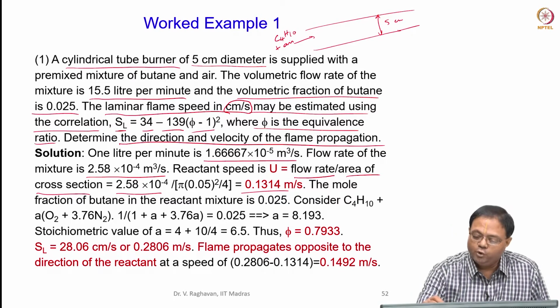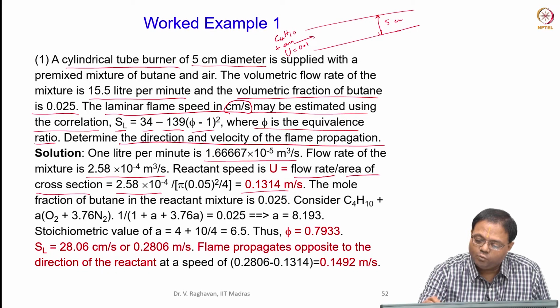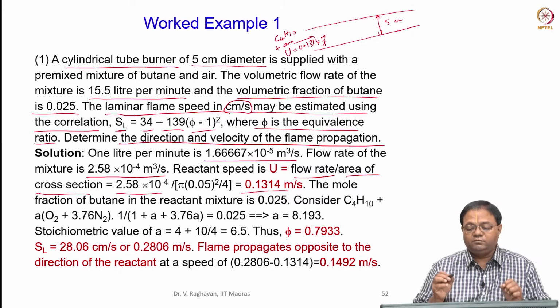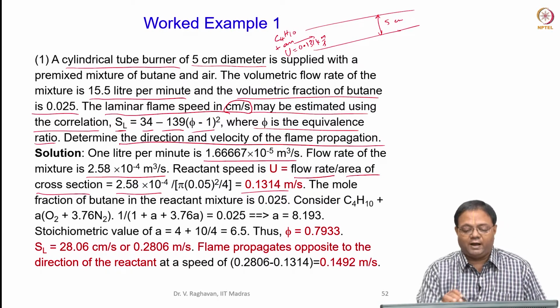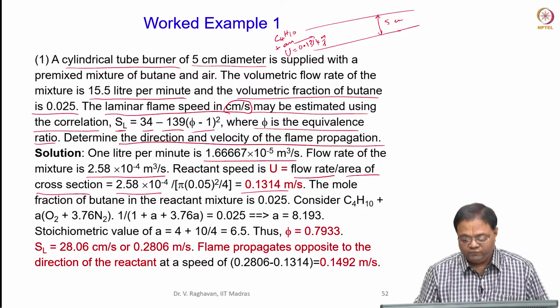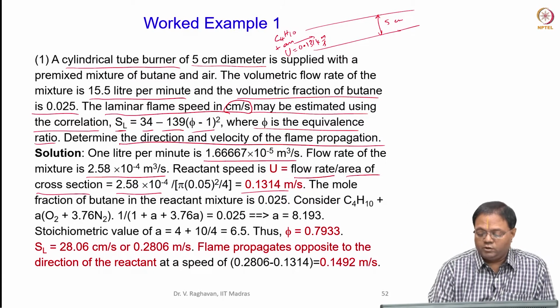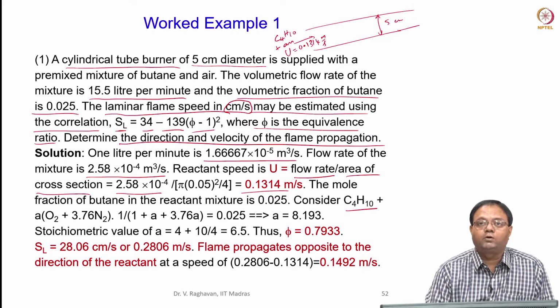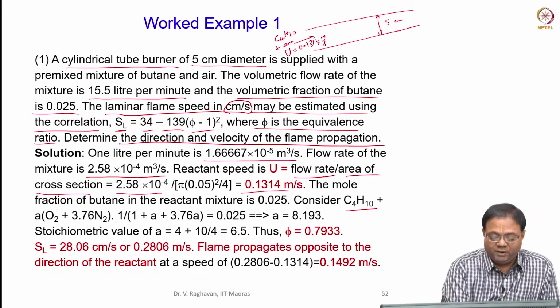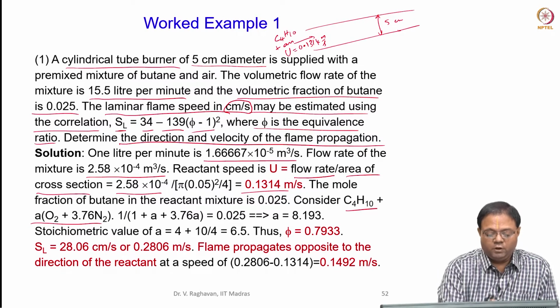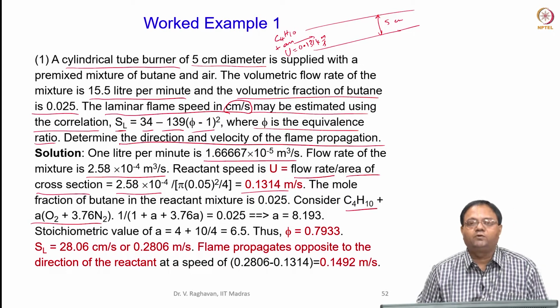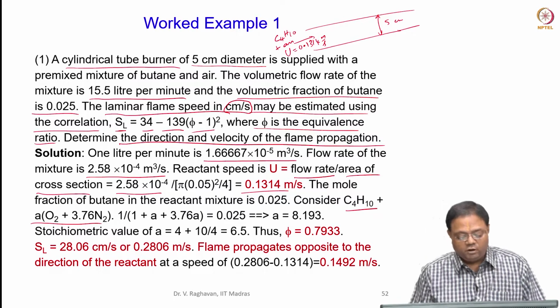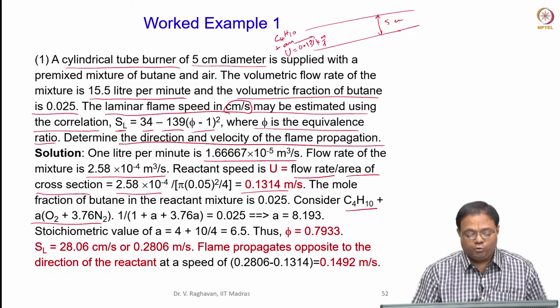So U is 0.1314 meter per second. Now what is phi? To calculate SL I need the value of phi as per the correlation. The reactant mixture is 1 kilomole of butane plus A kilomole of air, that is A kilomole of oxygen and 3.76 A kilomoles of nitrogen.